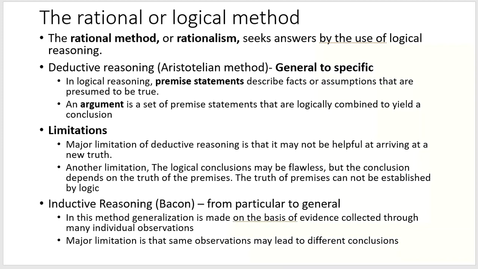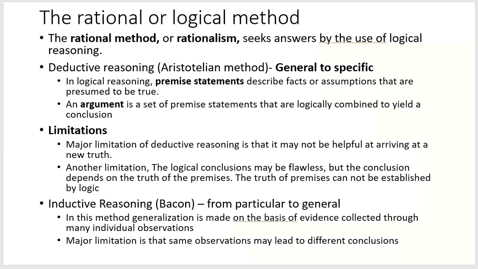In this method, generalization is made on the basis of evidence collected through many observations. So we take a sample of, say, 1000 students, observe all the 1000 students, and then based on these 1000 particular observations, combining and analyzing them, we arrive at a general theory.